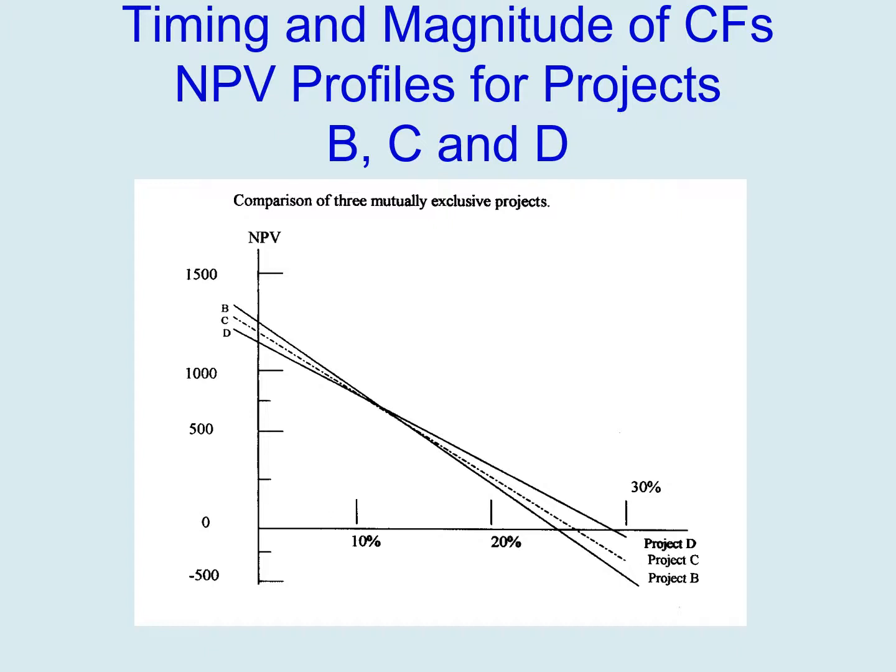And then you see in here that around 12%-ish, the net present values look to be about the same. So according to NPV, you'd be pretty indifferent between the projects.